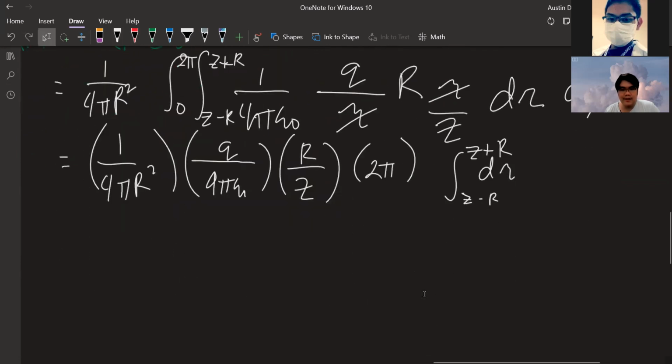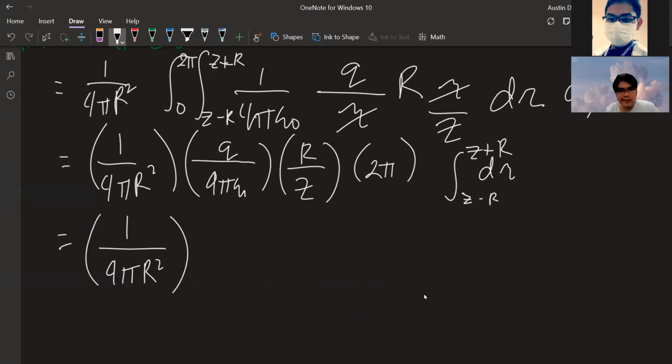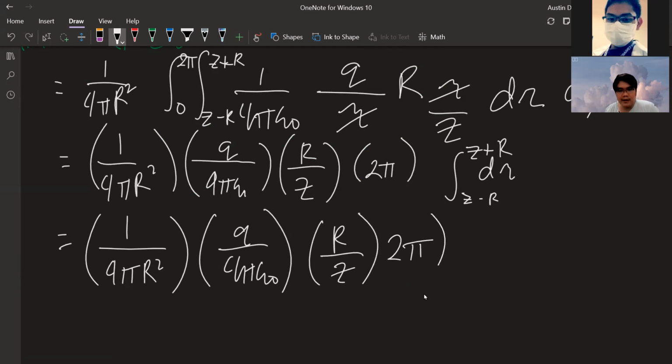And this is very trivial. 1 over r squared, q over 4 pi epsilon naught, r over z, 2 pi.